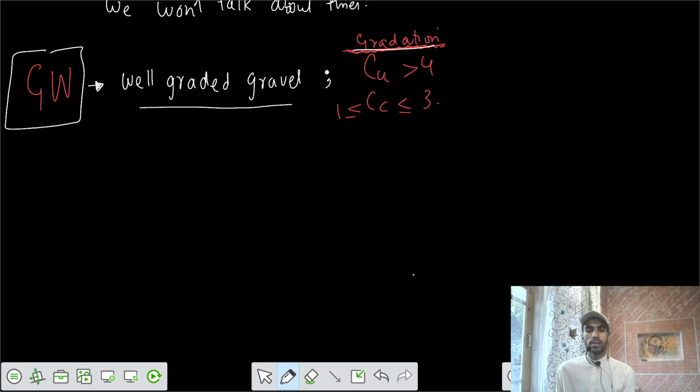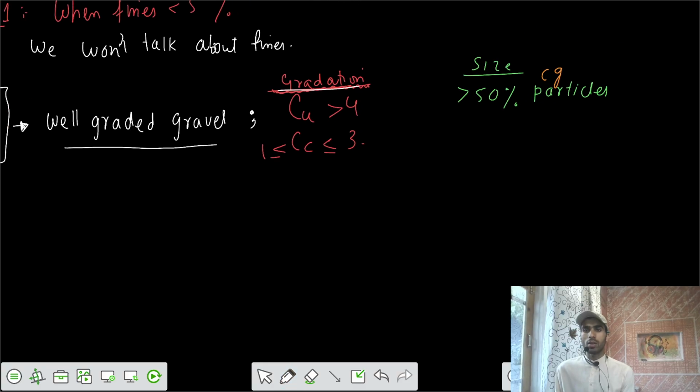And for size, more than 50% of the particles, and these are not all of the particles, these are the coarse grained particles. Coarse grained means the sum of the total sand and gravel only. It's not talking about the fines.